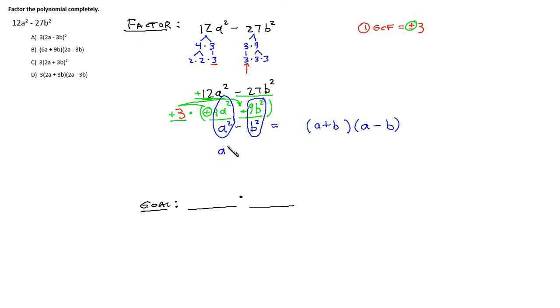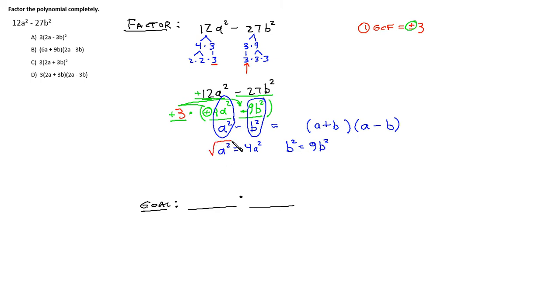In the a squared position, we have 4a squared. In the b squared position, we have 9b squared. We have to verify that these are actually two perfect squares, which we do. We have to make sure of that before we fill in any parts of our formula.